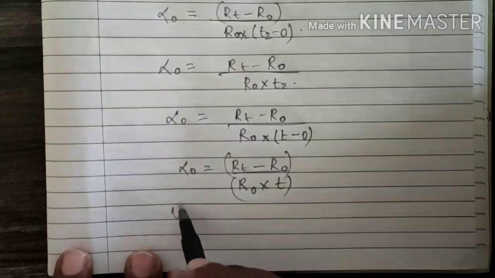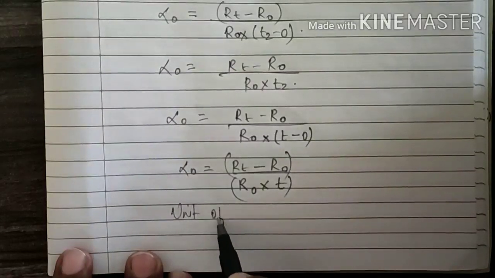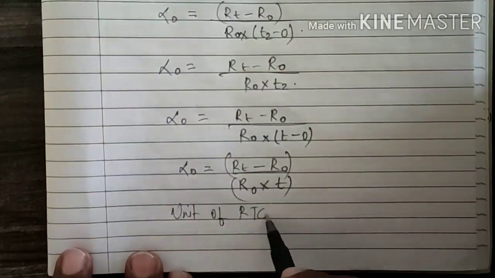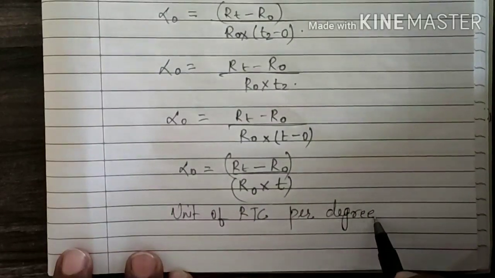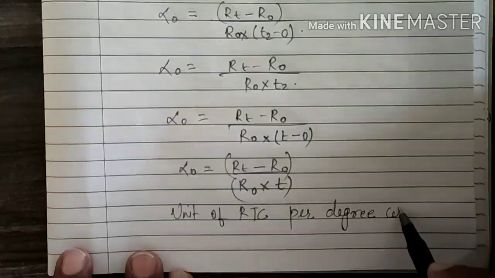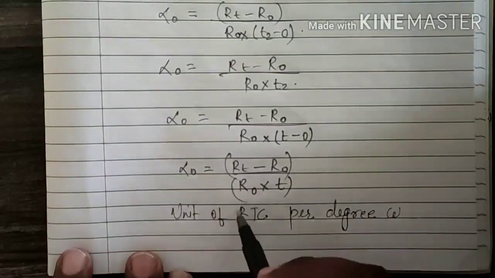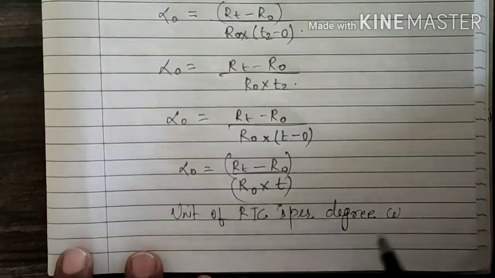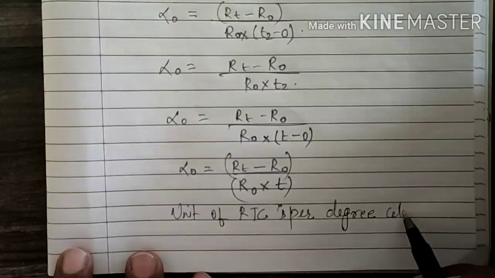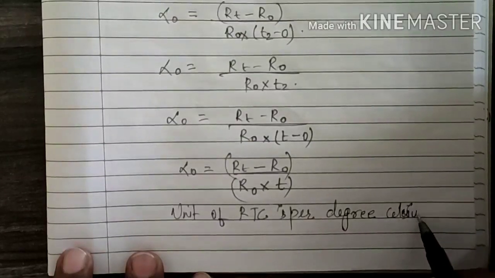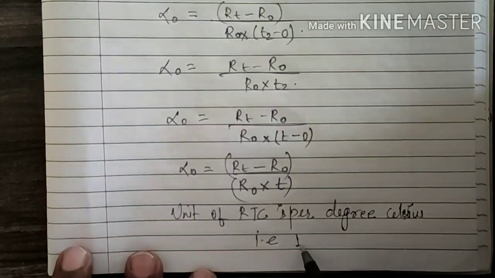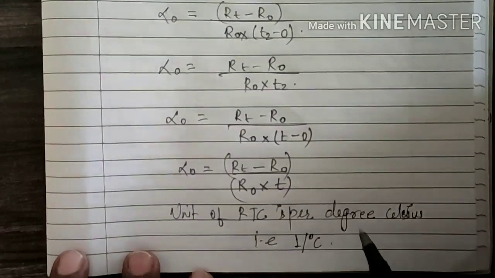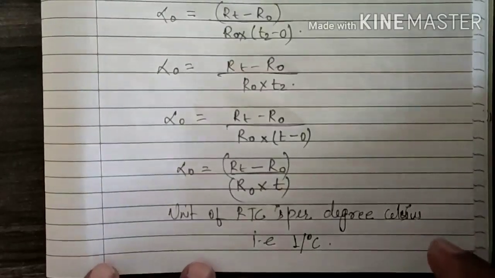Then the unit of TCR is per degree Celsius, that is, 1 per degree Celsius.